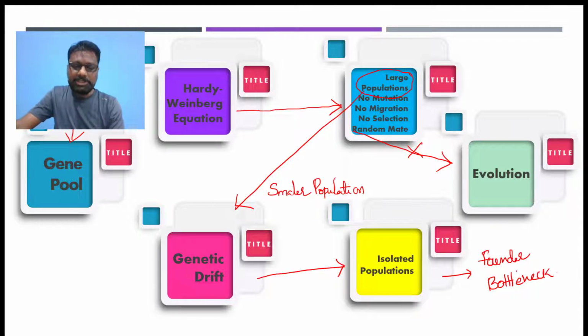So when we talk about genetic drift, these are the two implications which we see as real world examples. One is the founder effect and another one is the bottleneck effect. These two are in general considered to be the major implications which we see due to genetic drift in the populations.